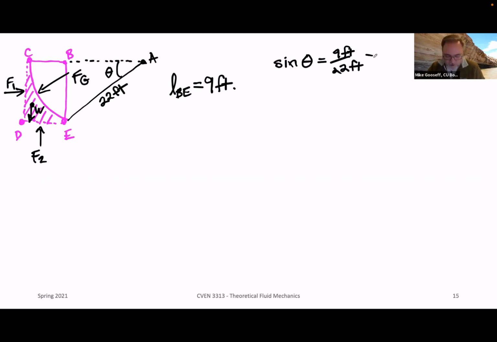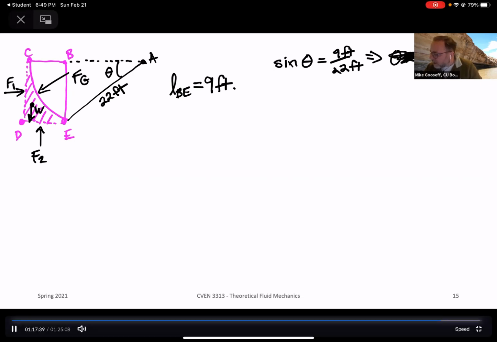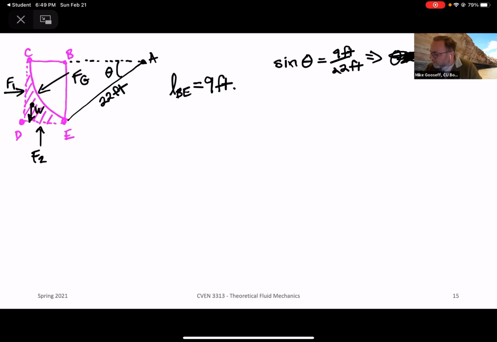I skipped an intermediate step, but theta equals 24.1 degrees. Okay.